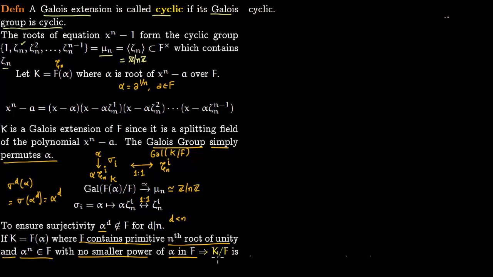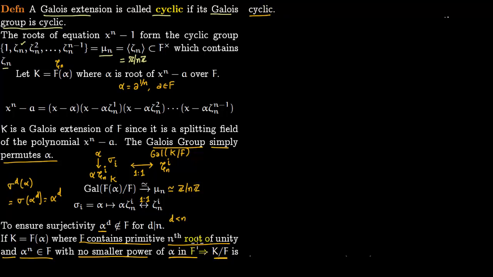This would imply that our Galois extension is cyclic. So we have given a condition which implies that the Galois extension would be cyclic.